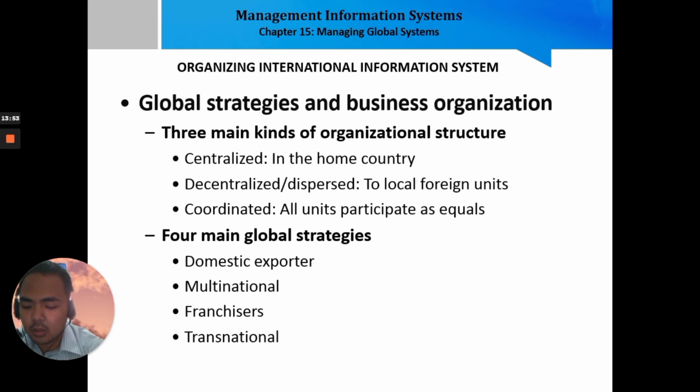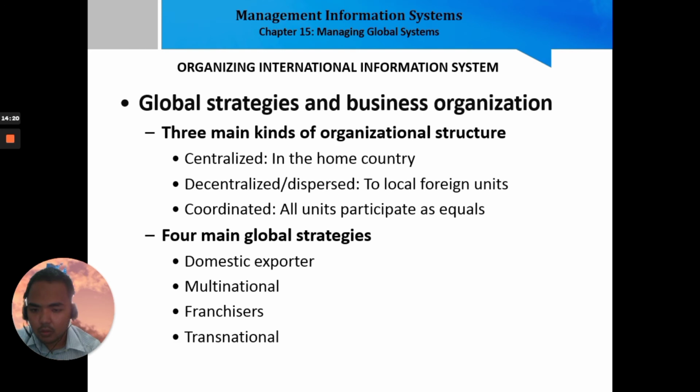Next is decentralized, or dispersed to local foreign units. They should have a counterpart of that company in different countries so that they can deliver services and goods efficiently. And coordinated, wherein all units participate as equals.